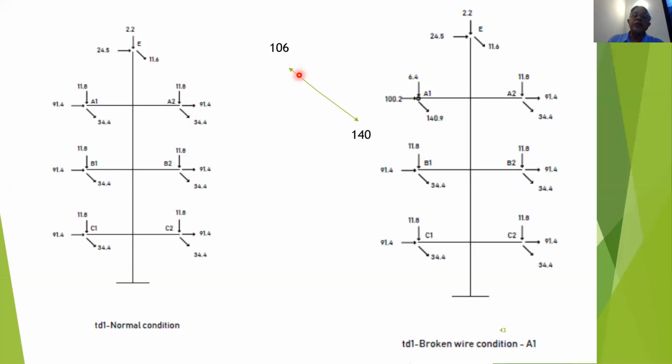So minus that would make this 140 kN, and when you have that, the balance becomes 34.4 kN. Okay. Now, this is the normal condition and this is the broken wire condition.